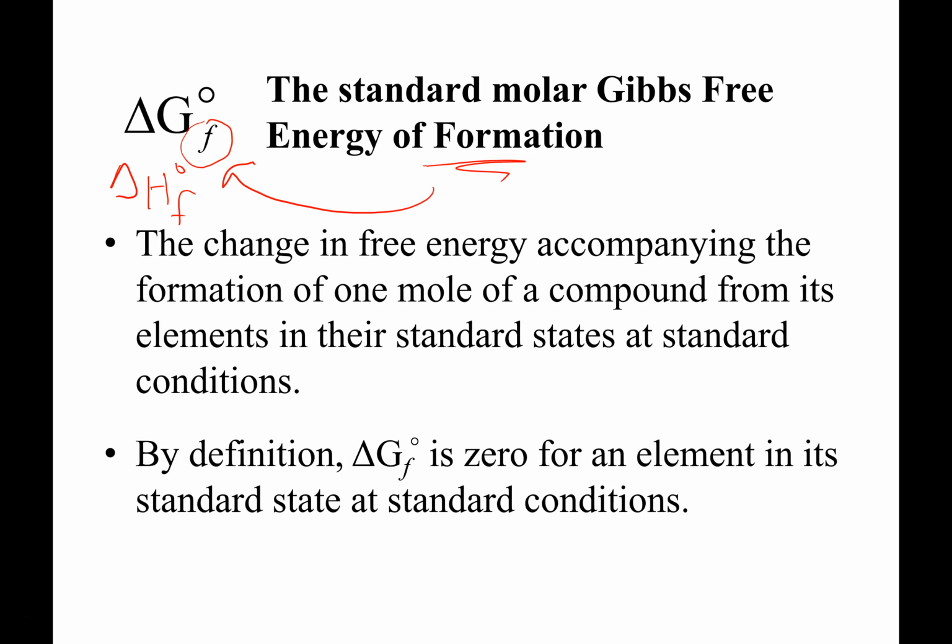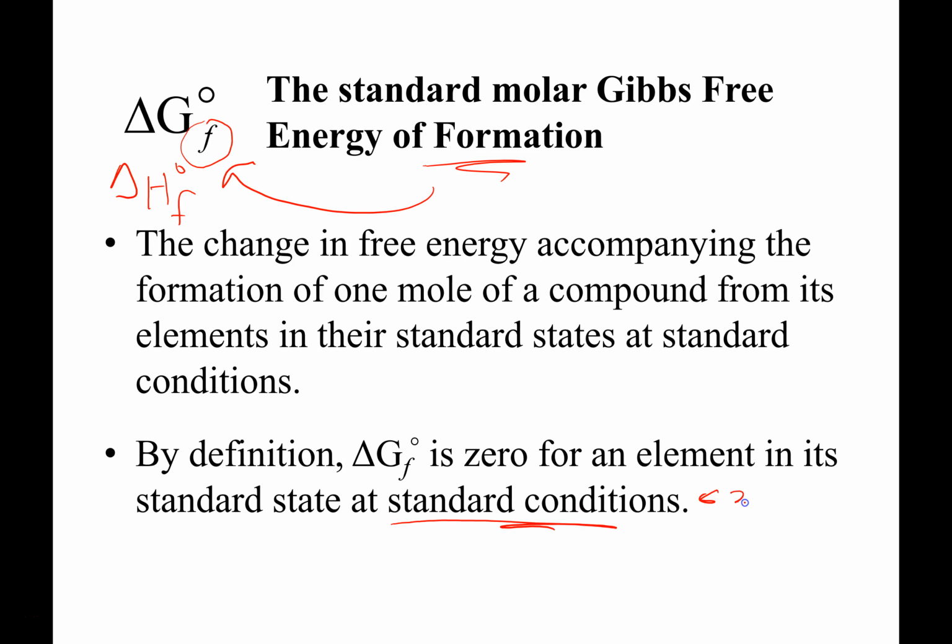By definition, the Gibbs free energy of formation of an element in its standard state at standard conditions is 0. Have to be a little bit careful, because remember standard conditions, and you have to use your common sense.